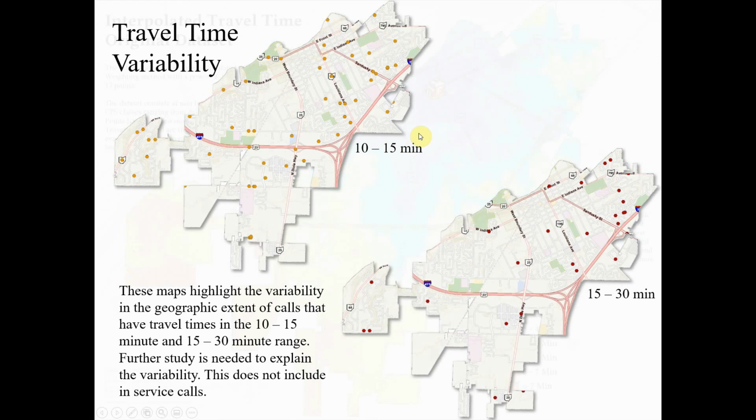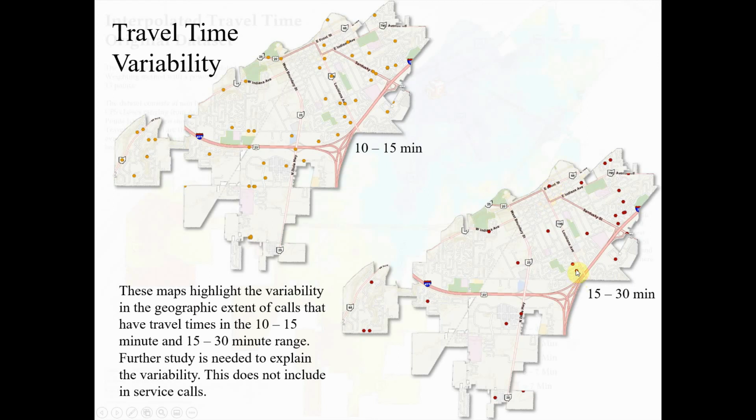Same thing here, right? So the fire station is right here, and this is 1 block away, 500 feet at the most. It shouldn't take 10 to 15 minutes to get there. Same thing, right? This is 2 blocks away, and it shouldn't take 15 to 30 minutes.